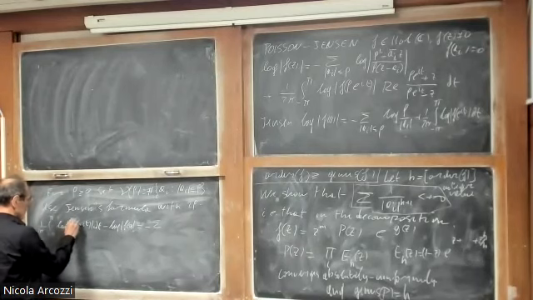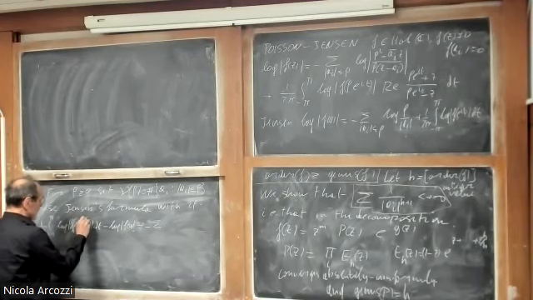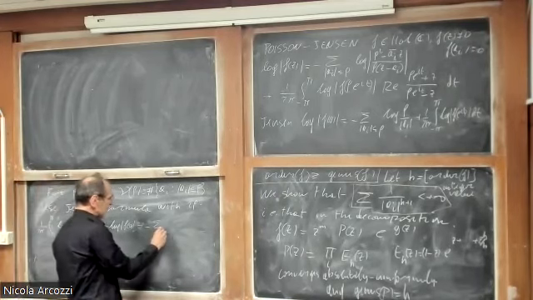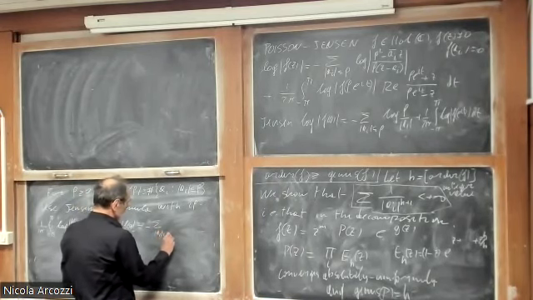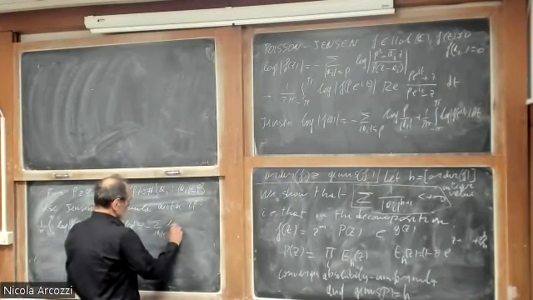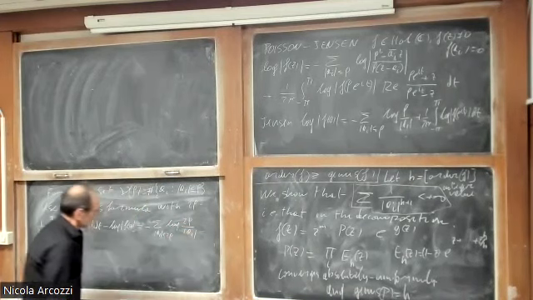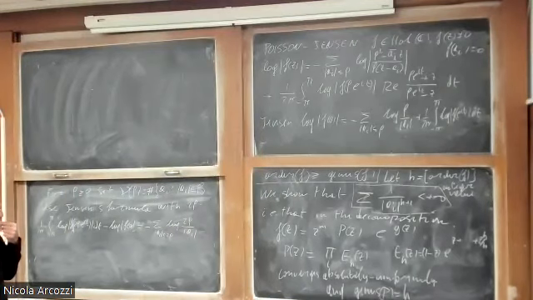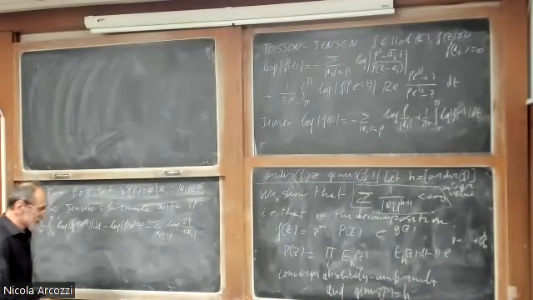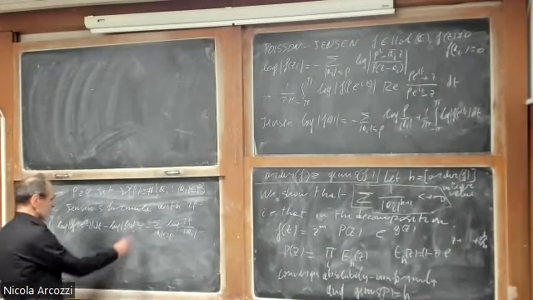And the logarithm of |f(0)| is equal to minus the sum for the a_i in the ball of radius 2 rho of the logarithm of 2 rho over |a_i|. Well, now here I restrict, and the sign is a plus.